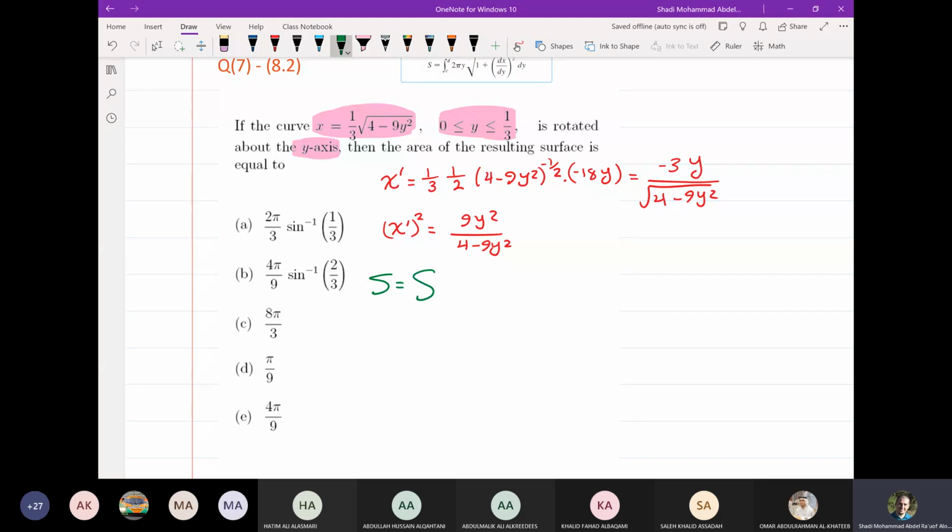It will be the integral from 0 to 1/3 of 2 pi times y, the root of 1 plus the derivative, 4 minus 9y squared. Like this, right?